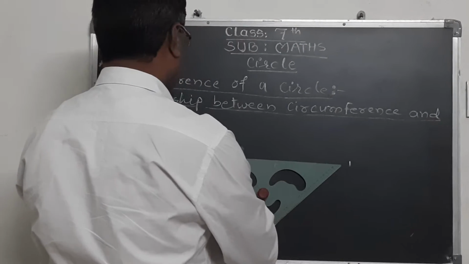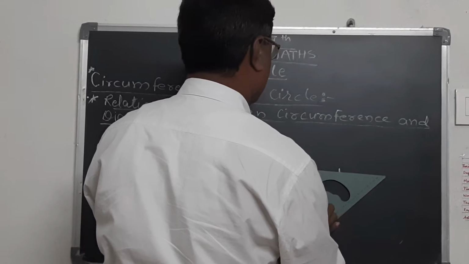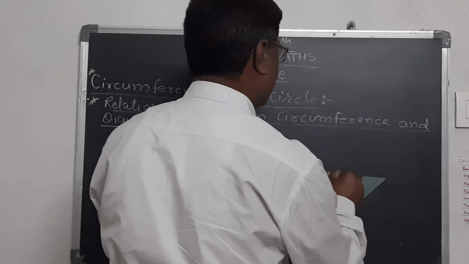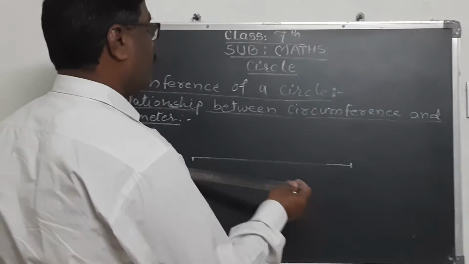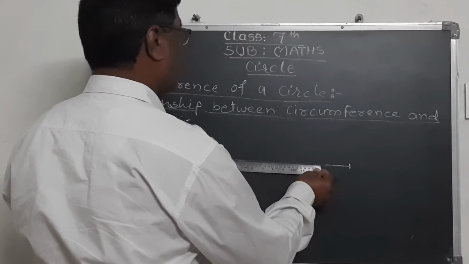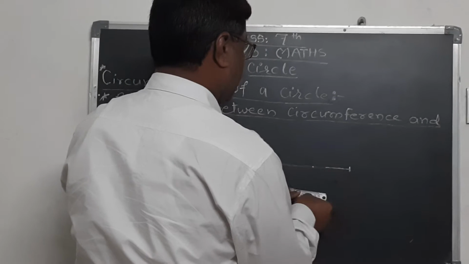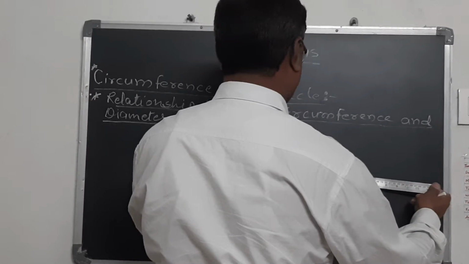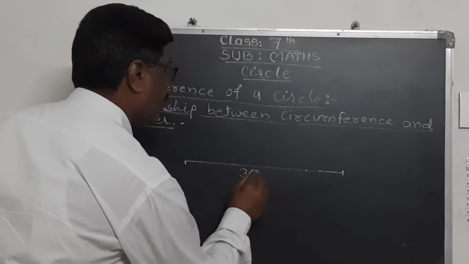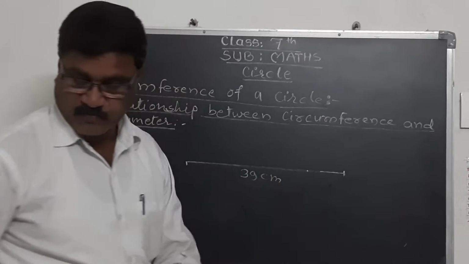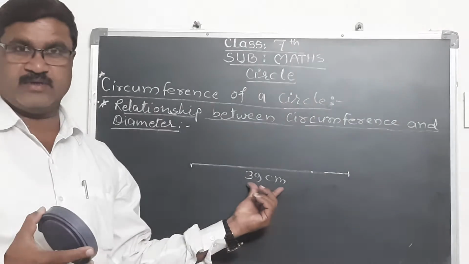We draw it and measure it with the help of a scale. This is 30 centimeter, and then this is 9, means 39 centimeter. So the circumference of this lid is 39 centimeter, isn't it?